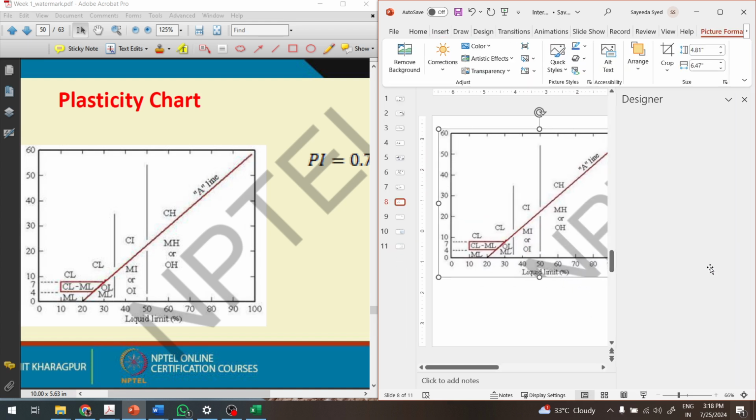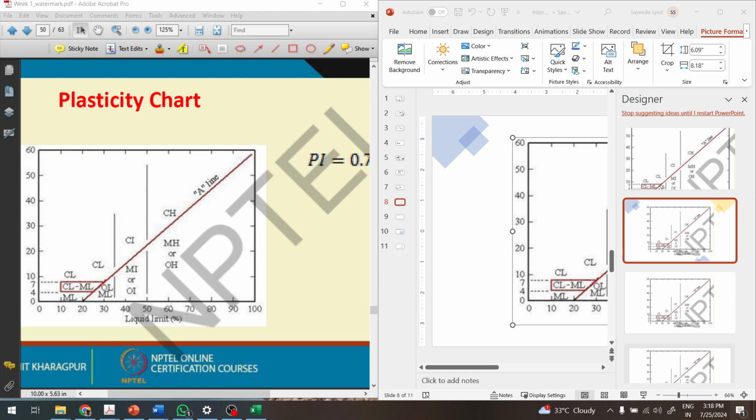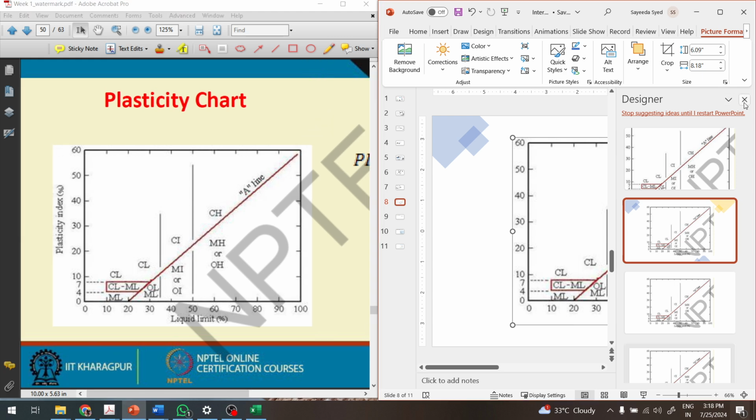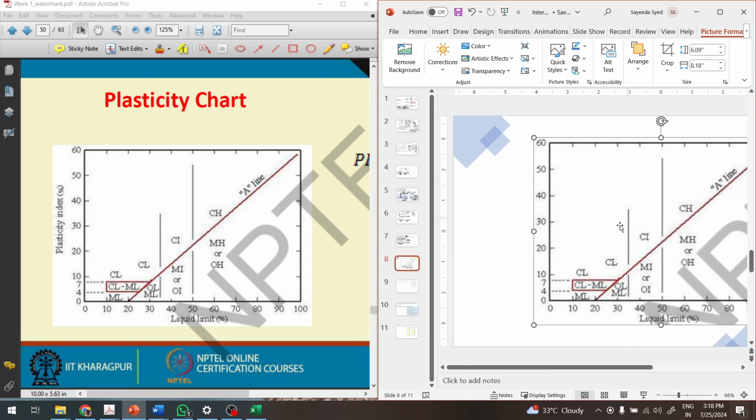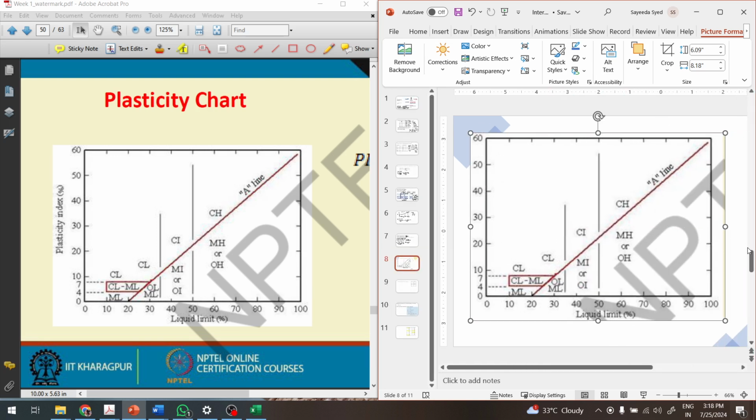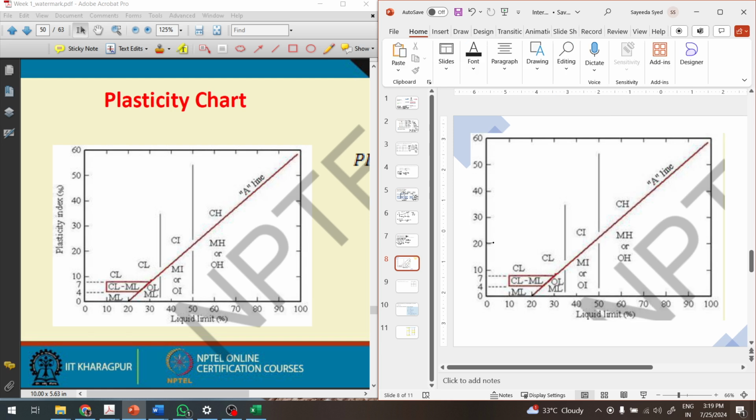So our plasticity index is 20 and our liquid limit is 30, isn't it?